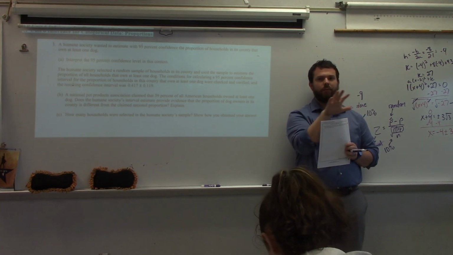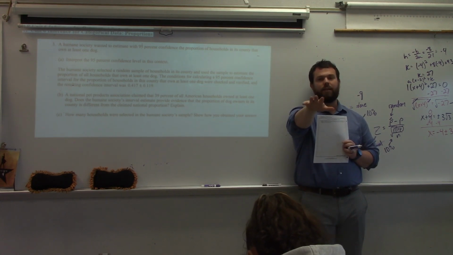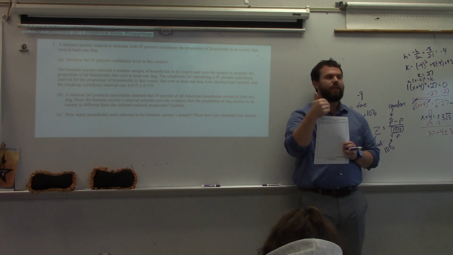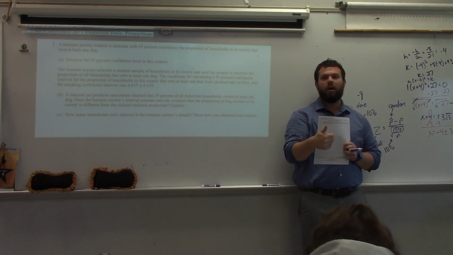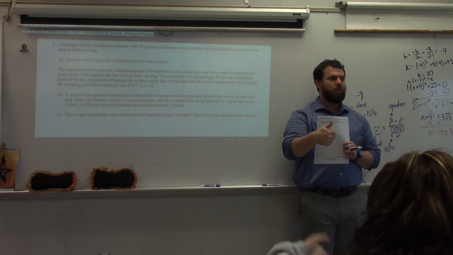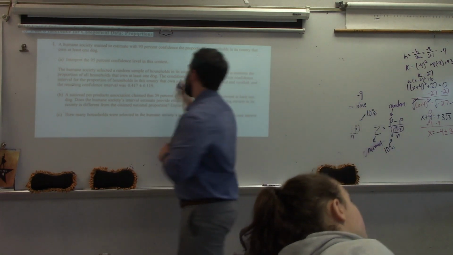And so here's what we need to keep in mind, these two differences. That's interpreting the confidence interval: we are 95% confident. But the confidence level is how confident we are in repeated sampling. So in the long run, remember we talked about that confidence level, right?